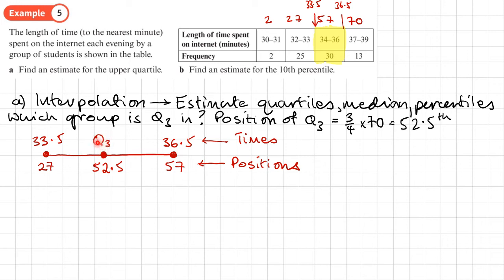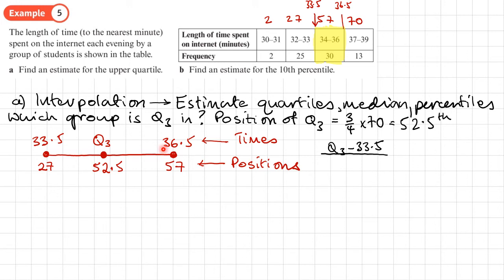So I'm going to do this gap here, so that this gap would give me 36.5 minus Q3, and I really want to avoid that. I'd really like to have a positive Q3. So if I do Q3 minus 33.5, I don't really want Q3 to appear again.